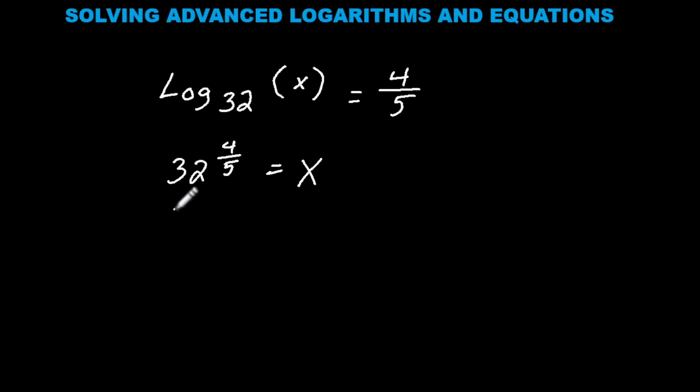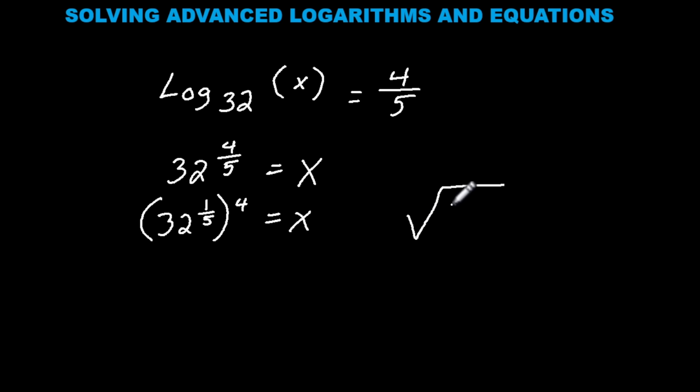So this is the same as 32 to the 1/5 power, to the 4th power, equals x. Well, 32 to the 1/5 power is asking what the 5th root of 32 is. So what number times itself 5 times gives you 32? Well, inside here, this whole thing would be just a 2. So now the only thing left is what 2 to the 4th power is, and 2 to the 4th power is 16, and that's what x equals.